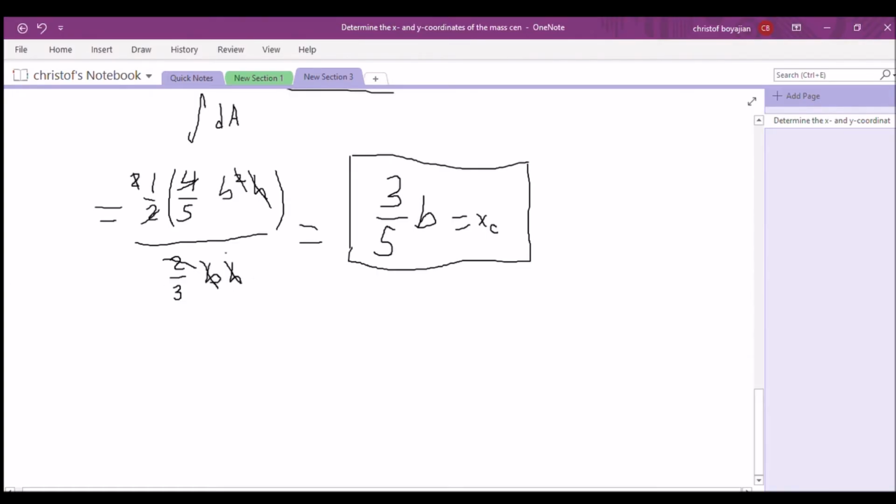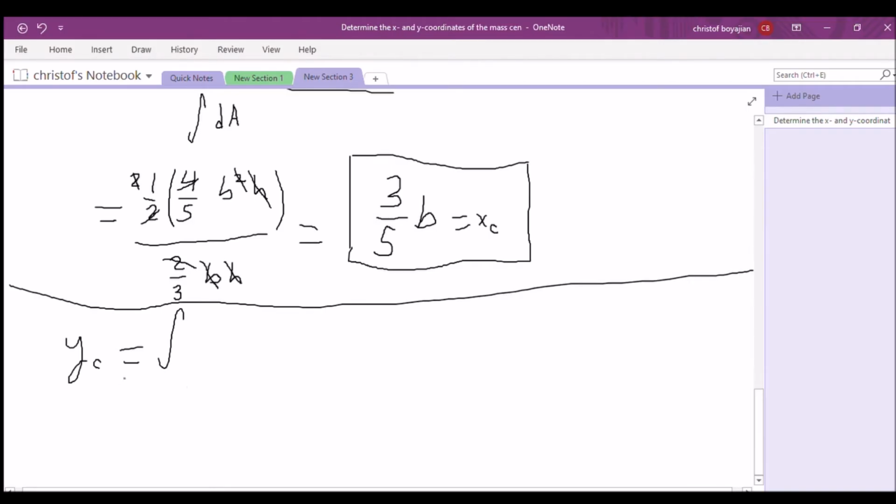Now let's solve for our y-coordinate of the centroid. So let's go ahead, I'm going to write it down here. So our y-coordinate is the integral of all of our y bars times all of our dAs divided by the integral of our dAs.